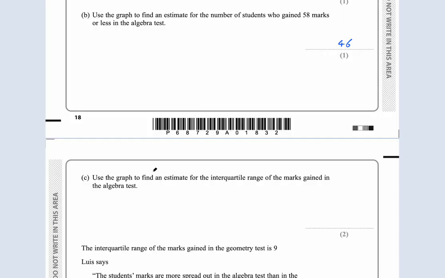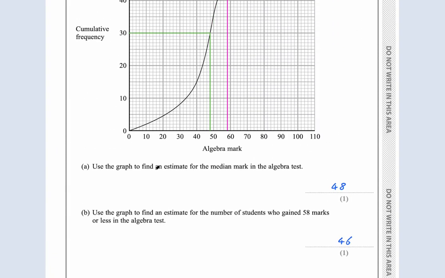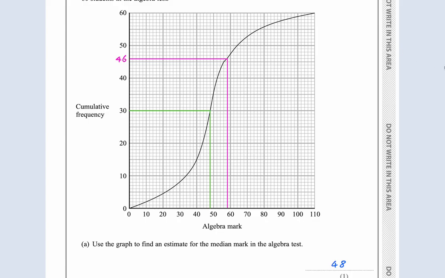Then it says use the graph to find an estimate for the interquartile range. So we need to find Q1. There's 60 kids, so we divide 60 by 4 and we get 15. Go across and down. These numbers usually hit perfectly on one of the lines, guys. So that's 40. Q1 is 40. To get Q3 we get 45, because 45 is 3/4 of 60.